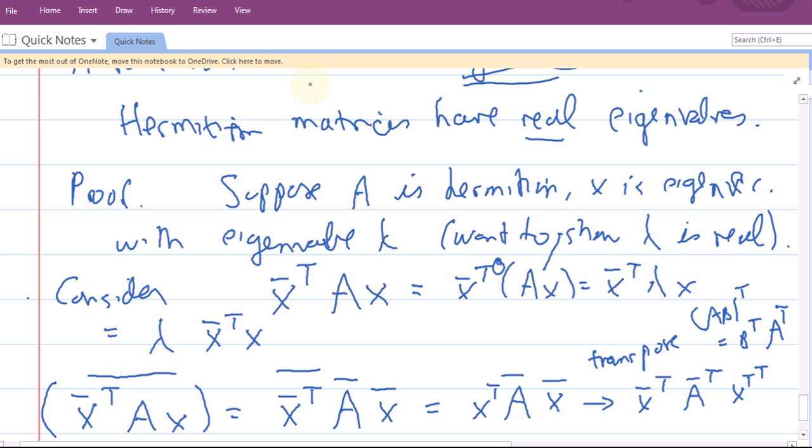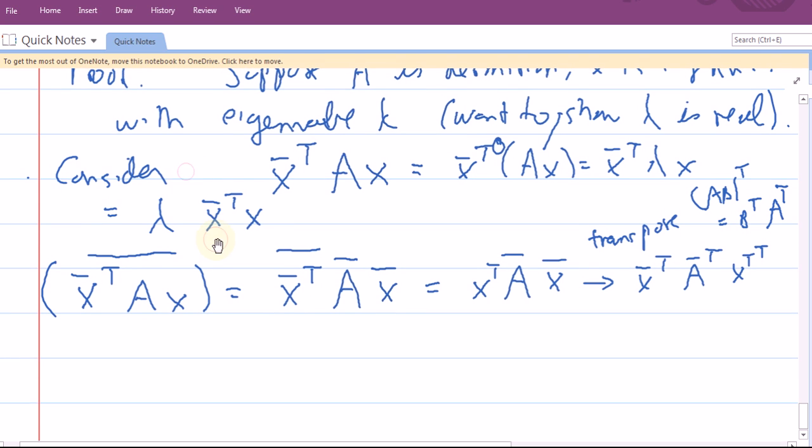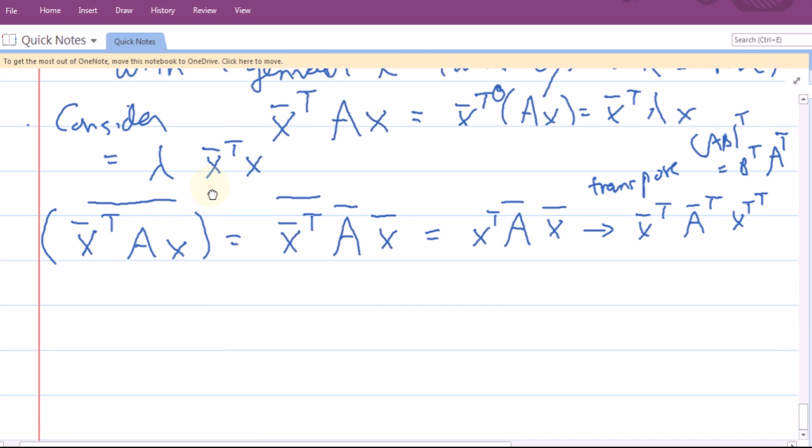So that's equal to x conjugate transpose, A conjugate transpose, and x. But we know that A conjugate transpose is equal to A, since A is Hermitian.